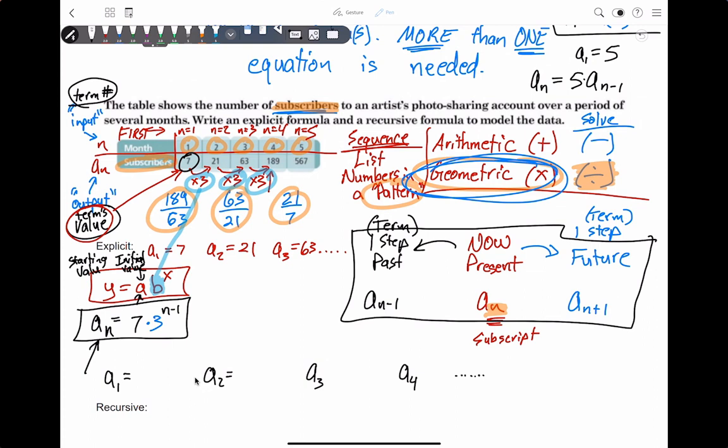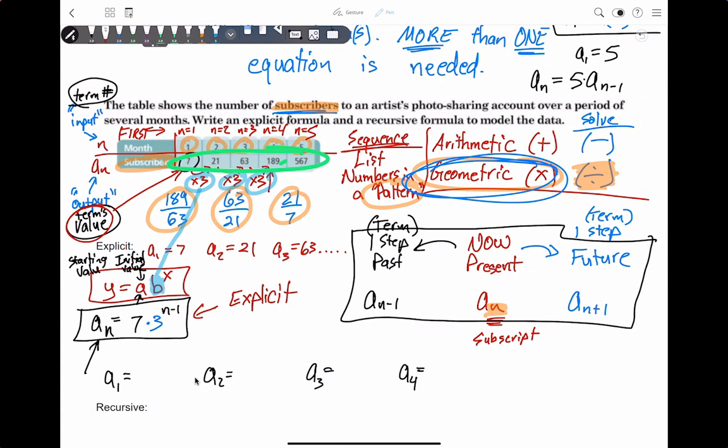Now, in order to get these values and to validate and verify our sequence, we're going to use this explicit formula that we came up with. Remember, this is that one formula that we need.